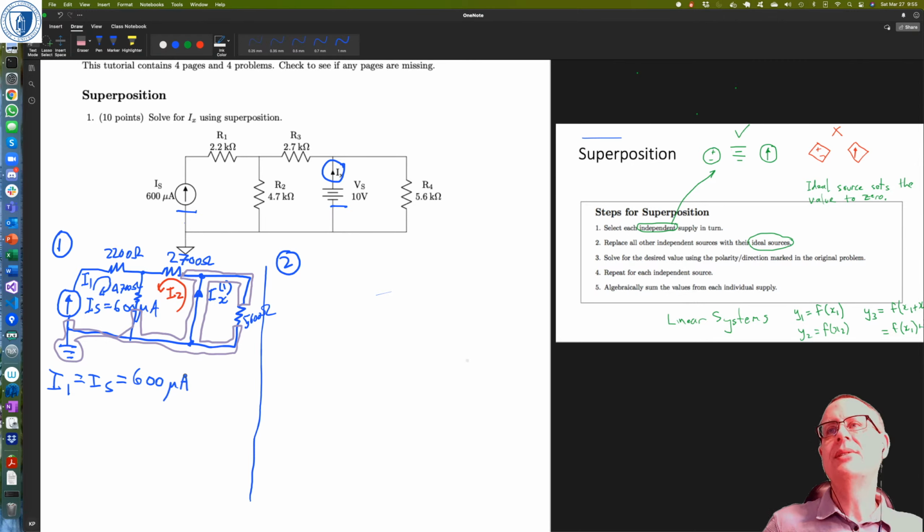And the second piece is to do the mesh analysis, right?